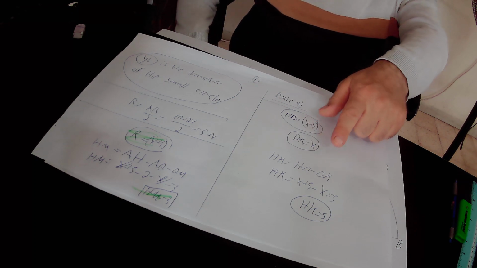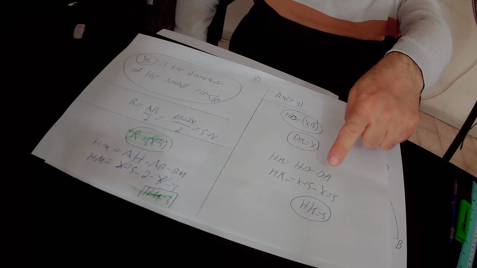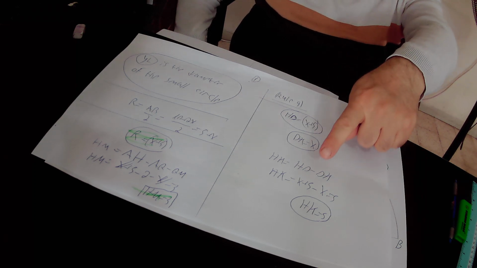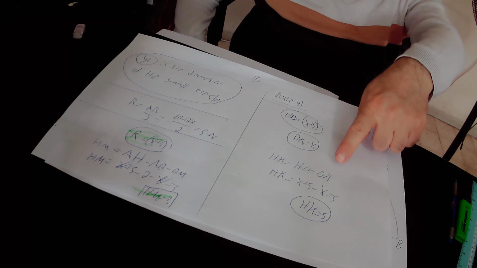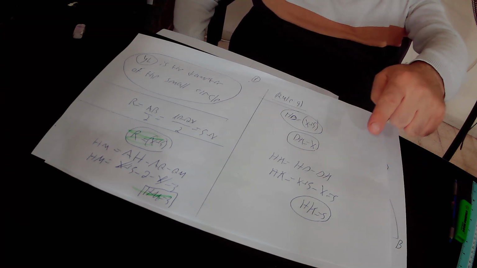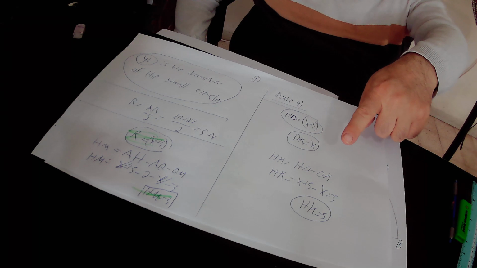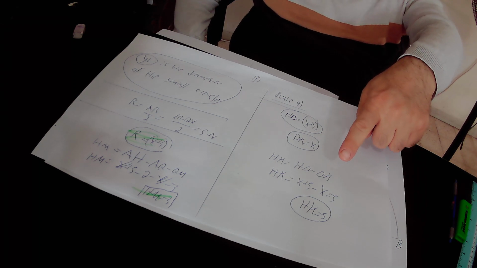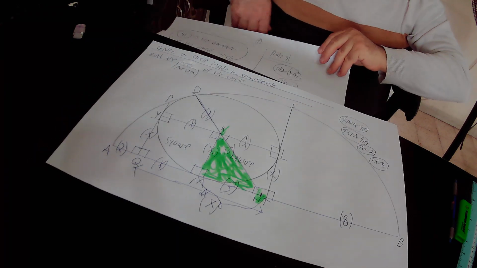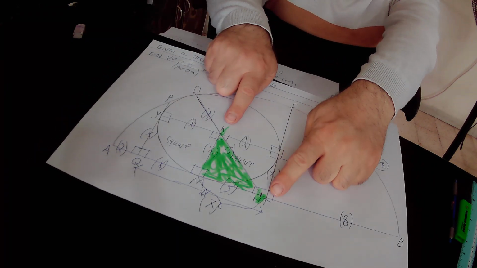So KH equals HD, that is x plus 5, the radius of the big semicircle, minus DK. DK is x. So in total, HK equals x plus 5 minus x. x minus x is 0, so we are left with only 5. In conclusion, we found out that this missing side KH equals 5 units in length.